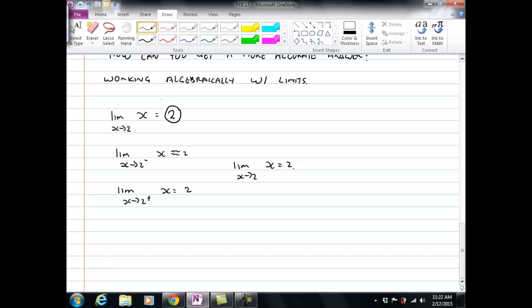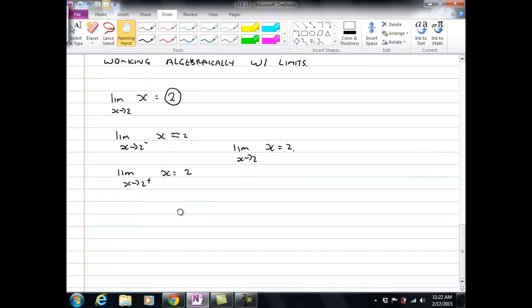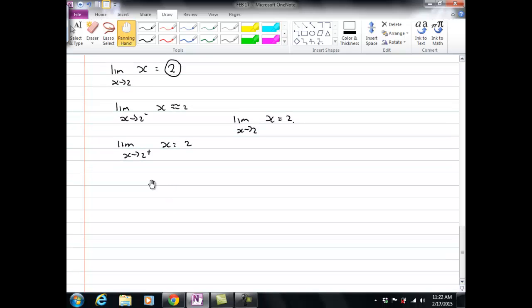Now, sometimes you must know, why can't we do that for every question? The answer is, you could do that for almost every question, except some. Okay? Some questions don't work, some work perfectly fine. Give you this question. Limit as x approaches 2 of x squared plus 2x minus 5.